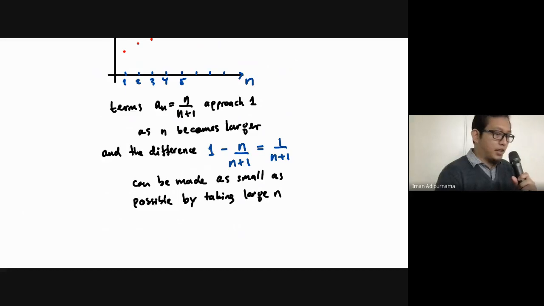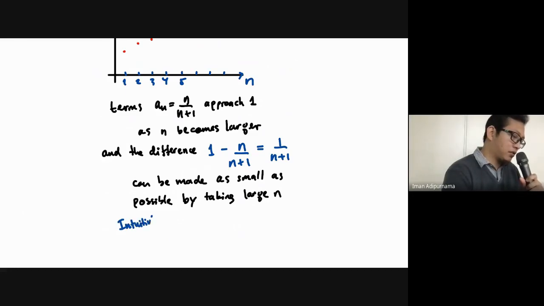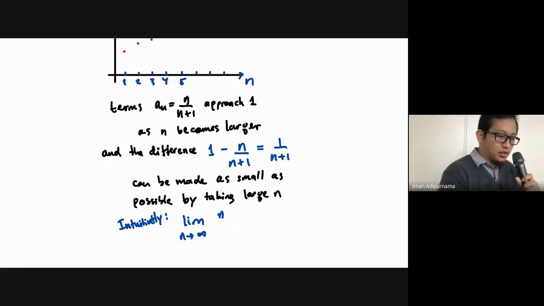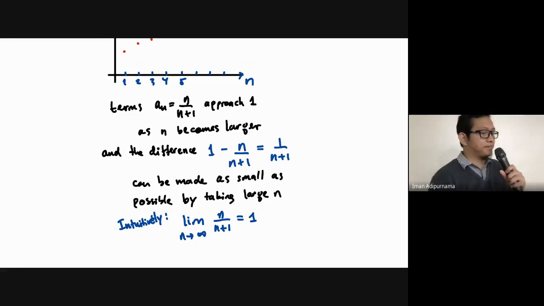So that intuitively, we can write the limit as n approaching infinity of n over n plus 1 is equal to 1, from these definitions. This is by intuition.